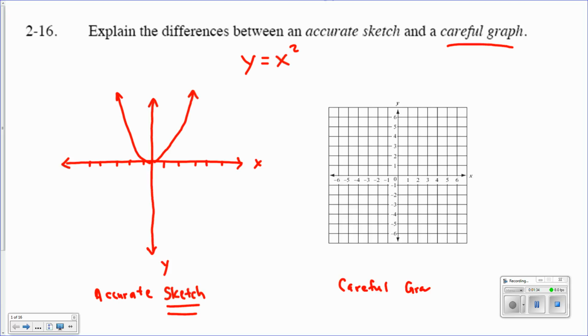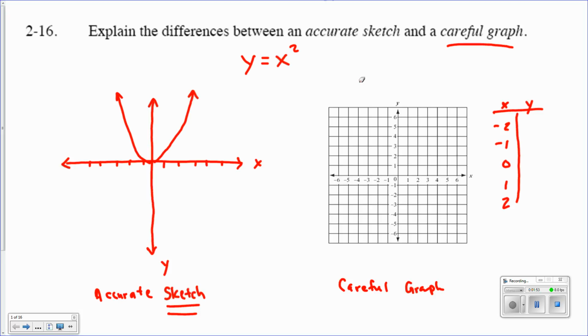This is the one that we're going to try to be as spot on as we can with everything. So I want to come up with some points to plot on here. So I'll put in there, say, -2, -1, 0, 1, and 2.